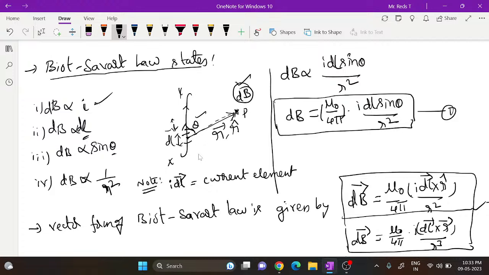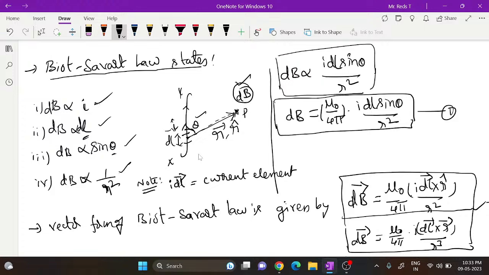And dB is inversely proportional to the square of the distance between the point and the element, that is dB proportional to 1 by r square. So dB proportional to I, dB proportional to dl, dB proportional to sin theta, dB proportional to 1 by r square. Combining these factors, we can write dB proportional to I dl sin theta by r square.